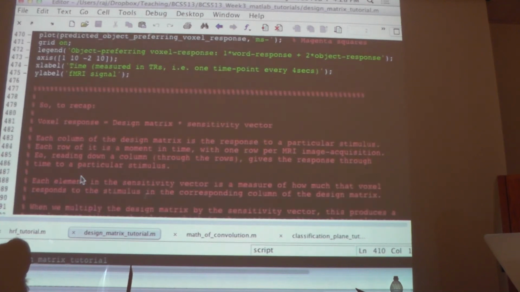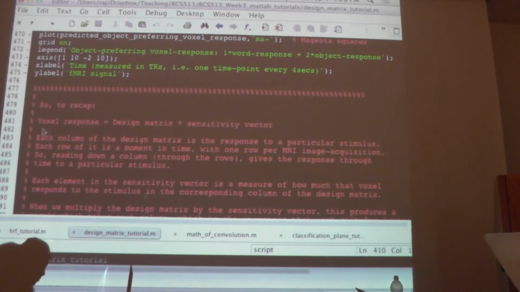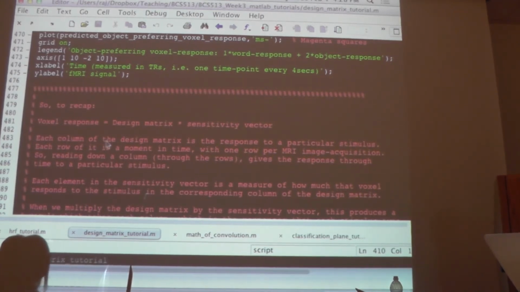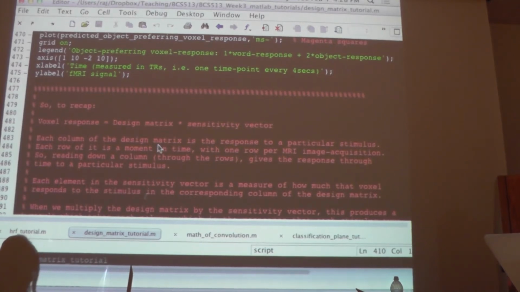So to recap, what does running backwards mean? Our predicted voxel response is, although I'm writing this in English, literally exactly the same command in Matlab, without spaces in it. I take my design matrix, which says here's how I think a voxel would respond to condition 1, and here's how I think a voxel would respond to condition 2.